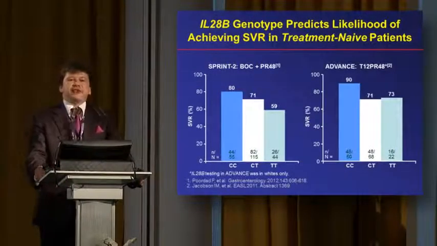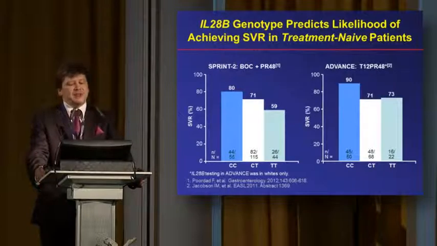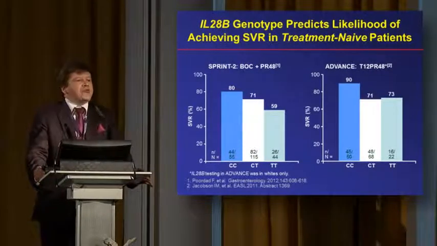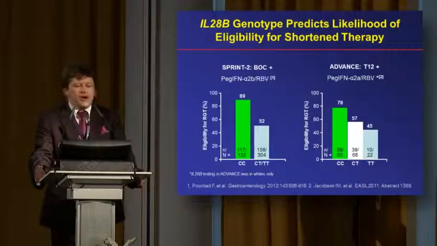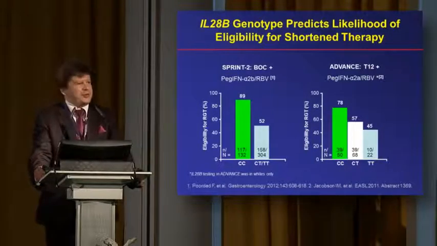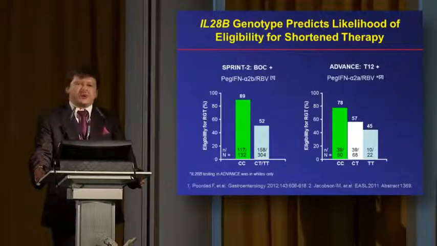As for interleukin-28B, the CC genotype predicts likelihood of achieving SVR in treatment-naive patients, similar to dual therapy. Moreover, the CC genotype predicts likelihood of eligibility for shortened therapy, so more than 80% of patients can be treated no longer than 6 months.